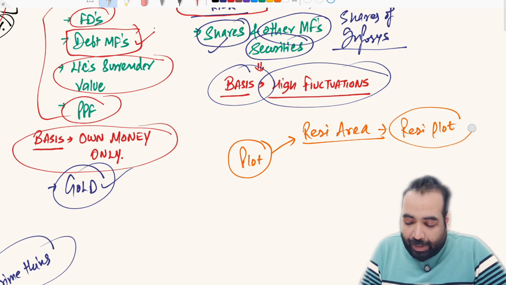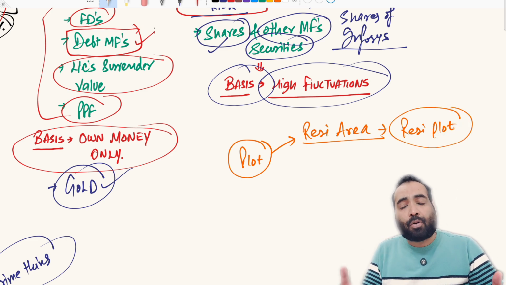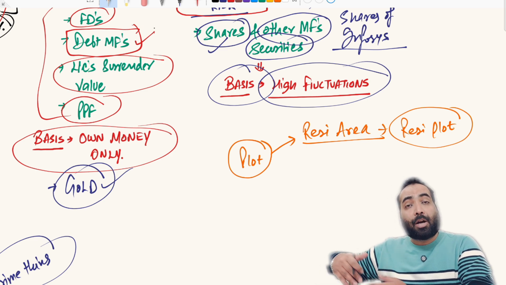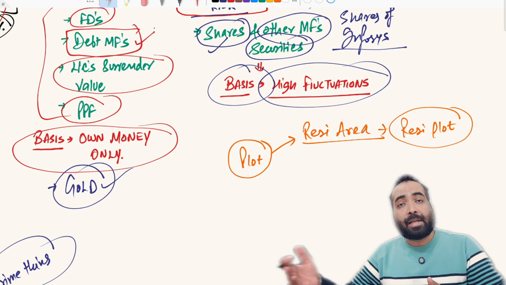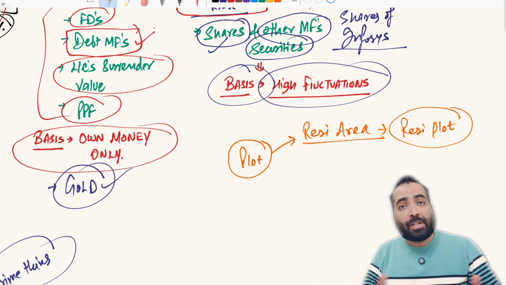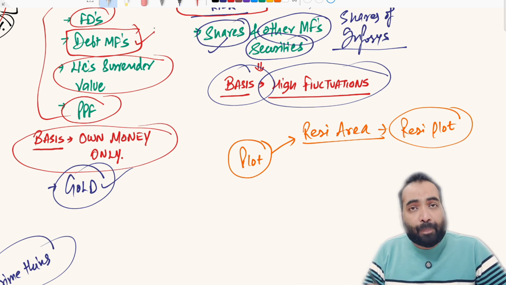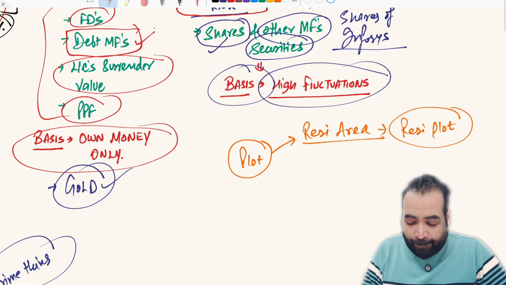Taking a resi plot is a better combo than taking a standalone vacant plot located outside the city in a distant area which is not developed as yet. So first is the plot located in a resi area.